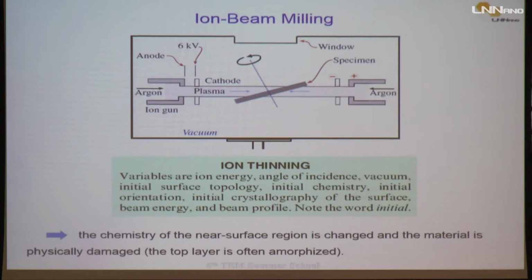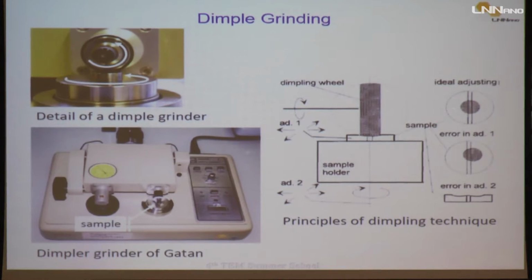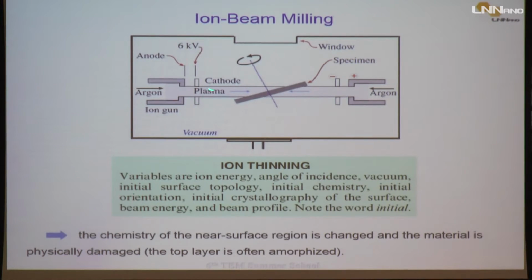Well, with the dimpled sample, we go to the ion beam milling technique. What we do, the machine works in this schematic way. You put your sample inside a vacuum chamber of the machine, for sure.